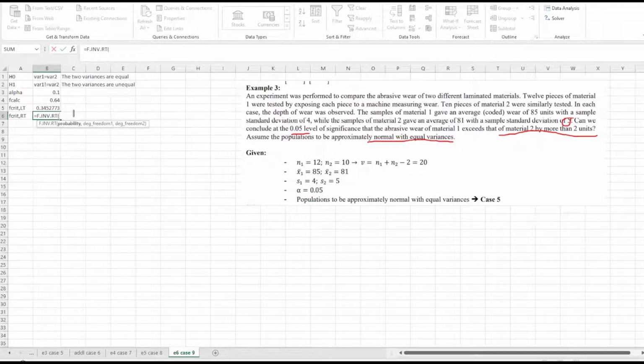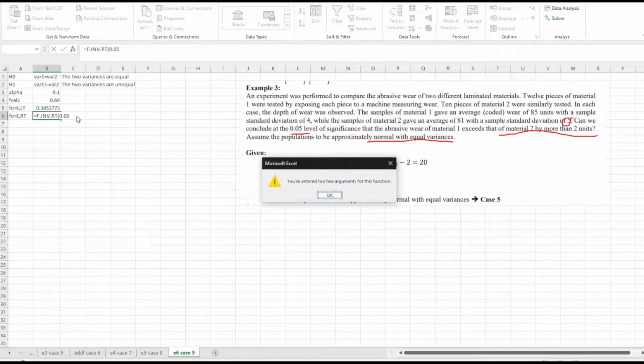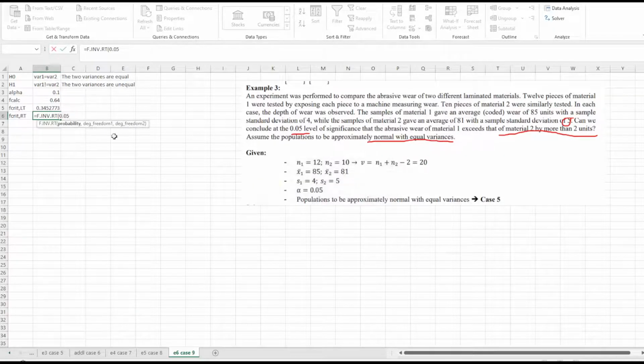Again, half of the alpha, 0.1 over 2, will be on the right side. So that's 0.05, and degrees of freedom 1 is still the numerator. The numerator in this case is 12 minus 1, so that's 11. The denominator is 10 minus 1, which is 9. So these are the values.